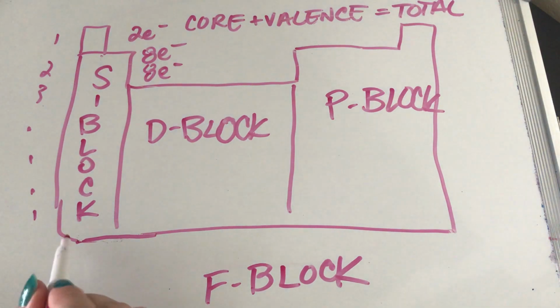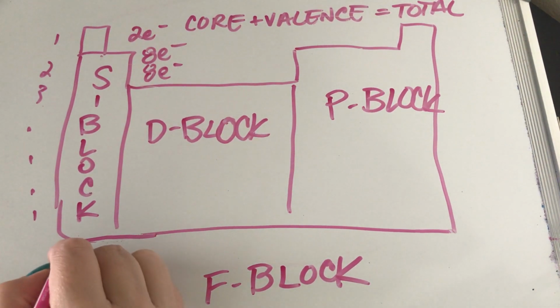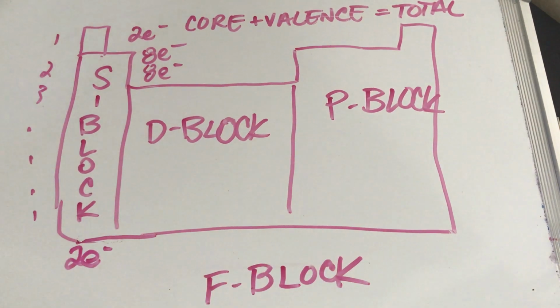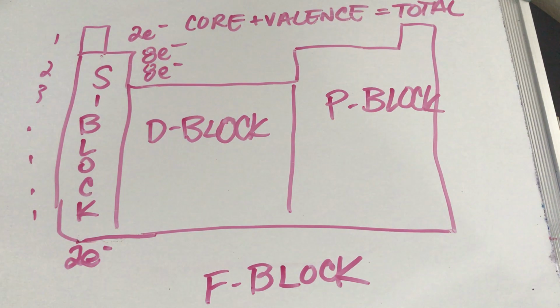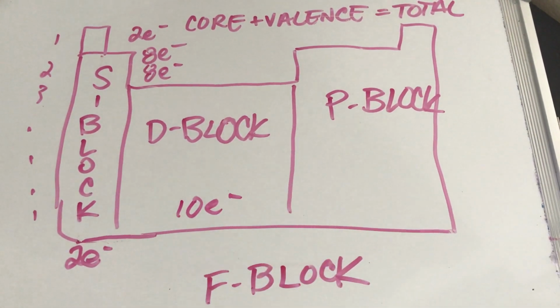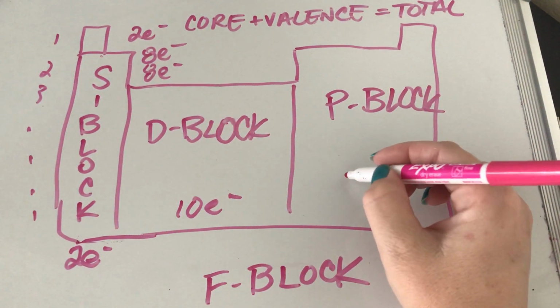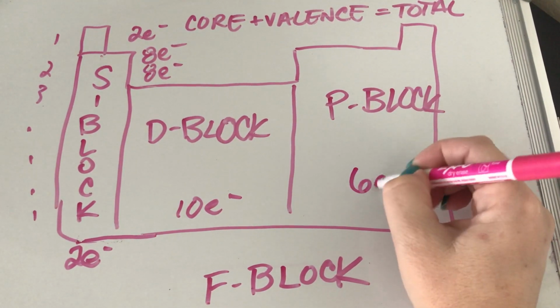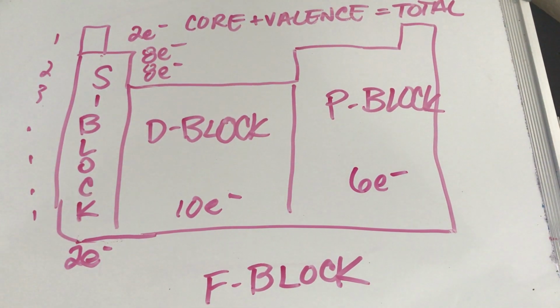So, the S block can always hold up to 2 electrons. The D block can always house up to 10 electrons. And the P block can always house 6 electrons. Again, my picture is very bad, but hopefully you guys can work with me.